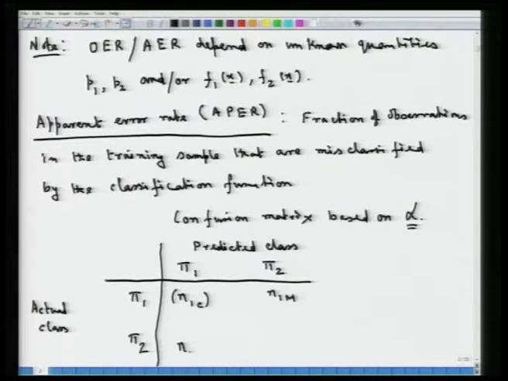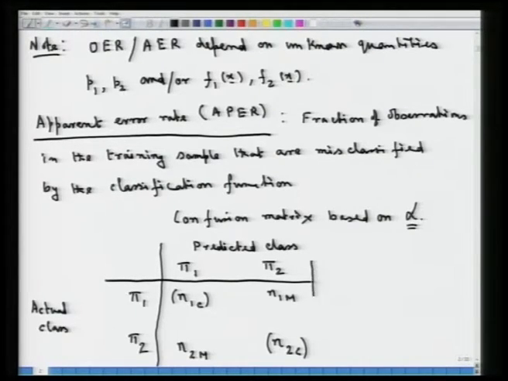Now, similarly, we can define this as N2M. N2M is the number of observations which are actually belonging to the second population pi 2, and by the classification function are getting classified into the pi 1 population, and hence this number of observations N2M are wrongly classified examples coming from the second population. And similar to this one, we will have a number N2C here, which is the number of observations, cases coming from the second population and also being classified to belong to the second population using our classification function.